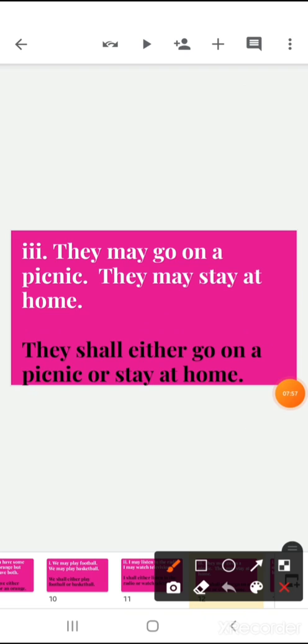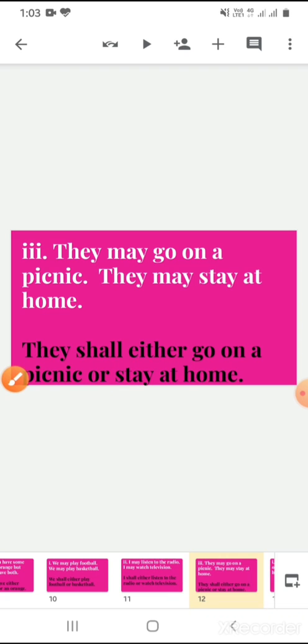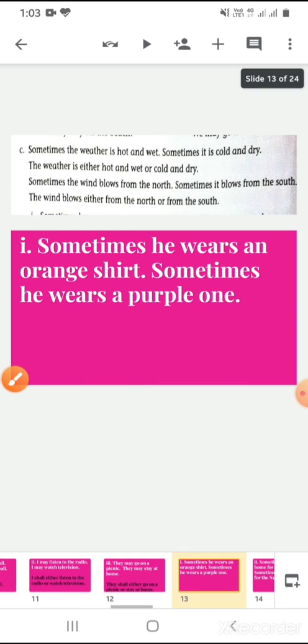See, they shall either go on a picnic or stay at home. Like this way you have to convert the remaining. Alright. Now moving on. Next exercise.